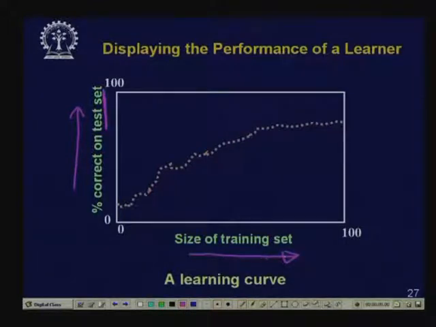And as we include more and more training examples, we plot the accuracy of the classifier. So, we may typically get some curve like this, and the accuracy may increase or decrease as the number of training examples increases. This sort of curve is called a learning curve.